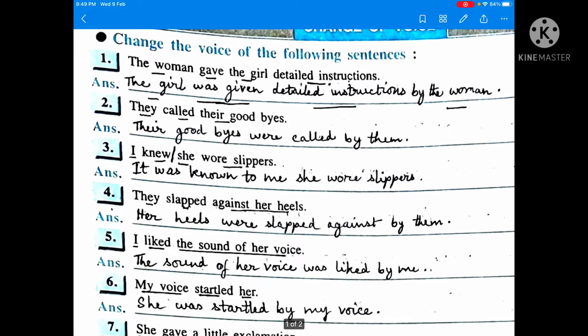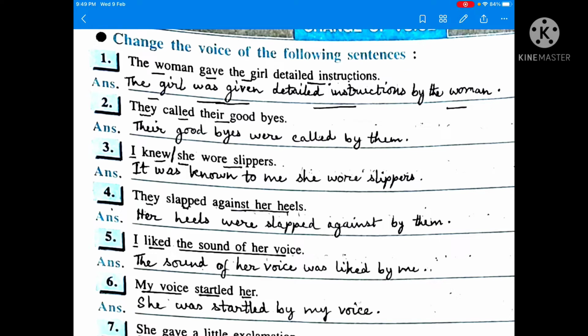The woman gave the girl detailed instructions. This is active voice. The girl was given detailed instructions by the woman. This is the agent. The woman is the subject, gave is the verb, the girl is the object, detailed instructions are extra words. I am changing the object, the girl, into the subject in the passive voice.